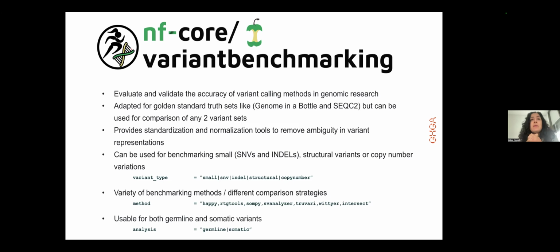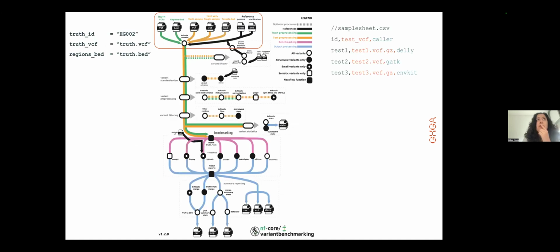I have different algorithms for the comparison and benchmarking strategy, and those include Hap.py, RTG Tools, SomPy, SV Analyzer, Truvari, VarLociraptor, and what I called Intersect, which is actually BCFtools. It can be used for both germline and somatic calling VCFs. Now I will show you how to use it.